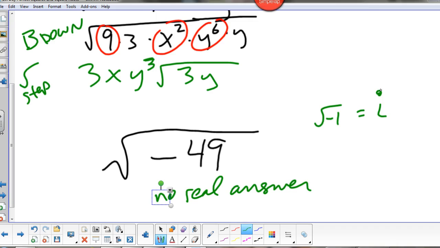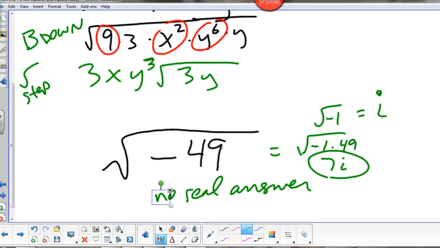So the mathematicians made up this imaginary number, and it is useful. So you could say that this is the square root of negative 1 times 49, and you could say that this is 7i. That's not a real number, but it is a mathematical expression for the square root of negative 49.